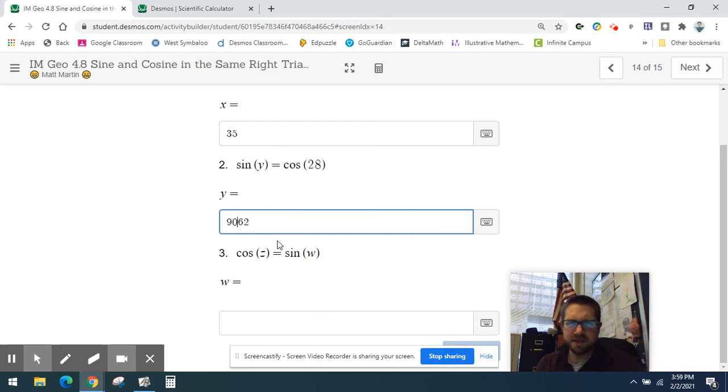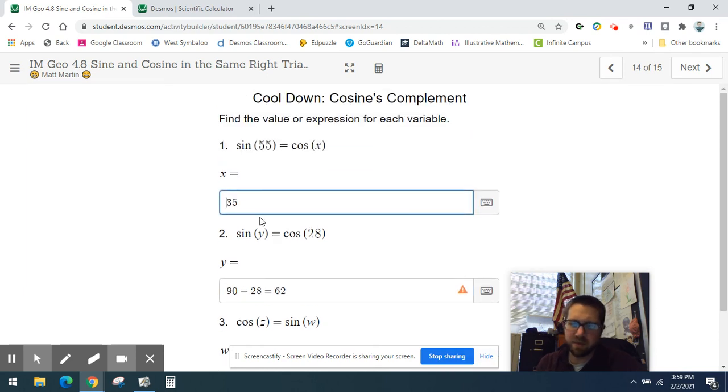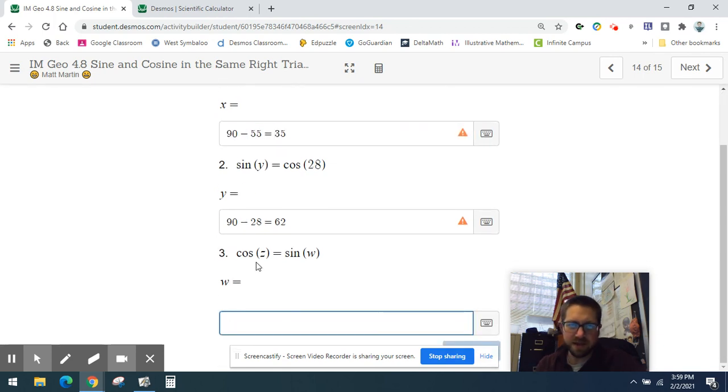Well, I did the 62 by taking 90 minus 28, yes? And to get the 35 in my mind, I did 90 minus 55. And so for this last one, if I want to find the measurement of W, it would be equal to 90 minus Z. Wacky, but true.